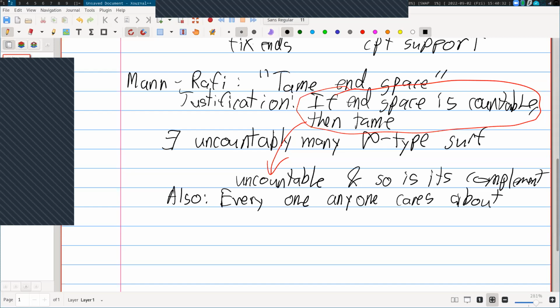But again, that's sort of suggesting maybe that we're just really bad at looking, right? Maybe the surfaces with tame end space are like the computable numbers or something like that, in that, yeah, there's lots of them, but actually, really, most surfaces don't have this property, right?